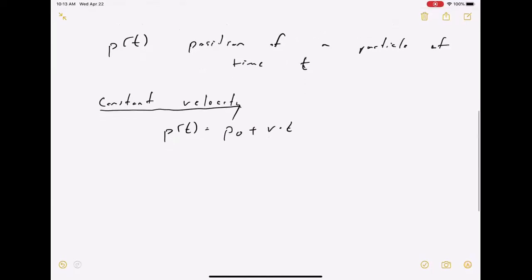Not bad. What if it had acceleration? What if it had an acceleration term?